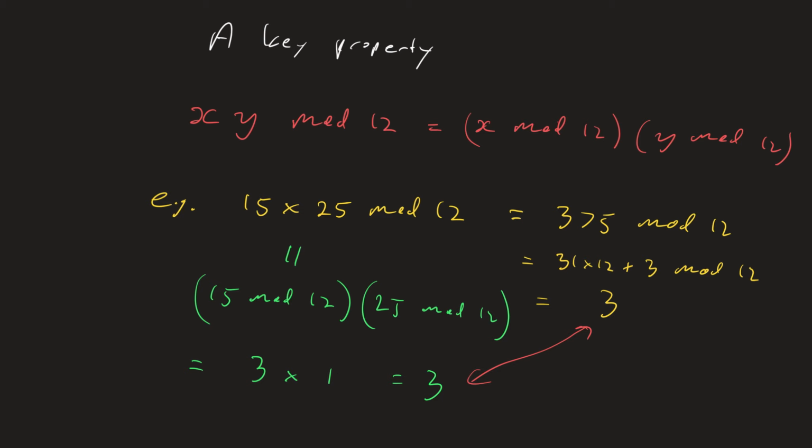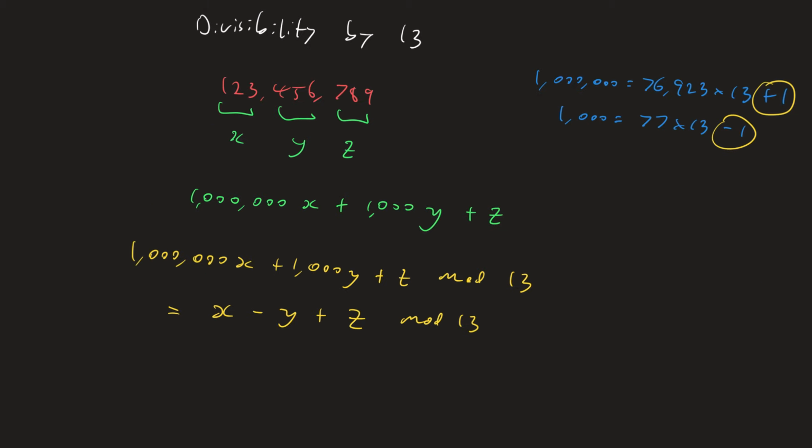Of course, we can work with modulo any other number. There is nothing special about 12, except we have 12 hours on a clock face, and this rule works regardless of the modulo we are using. One of the rules we used to test for divisibility by 13 involved breaking the number up into groups of 3 digits. We will show how it works for 3 groups of 3 digits here. Such a number can be represented as 1,000,000 times x plus 1,000 times y plus z.